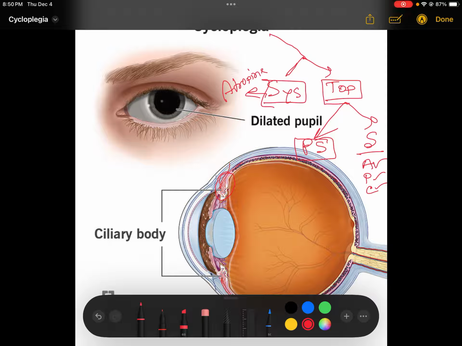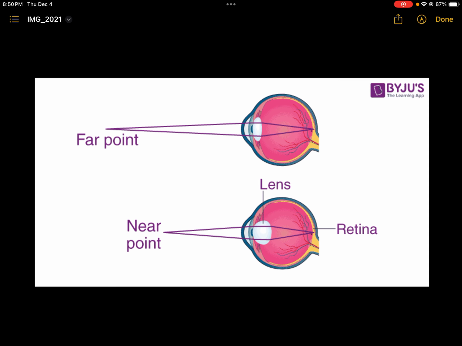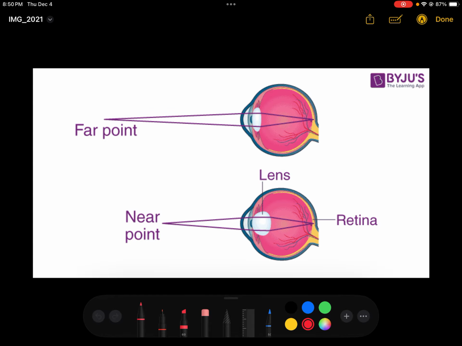And differences between mydriasis and cycloplegia. In mydriasis, dilatation of the pupil occurs.